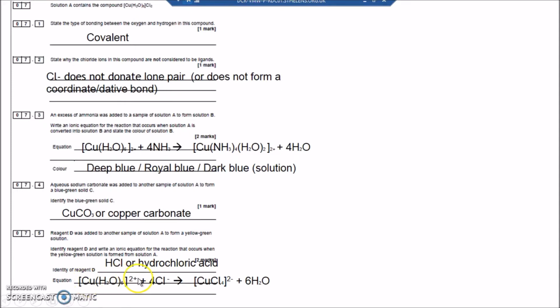The Cu has a 2+ charge. If the Cu has a 2+ charge here, and the Cls have a minus charge each, they're in oxidation state -1. They gain 1 electron. They're in group 7. 4 times 1- is 4-, and 2+ leaves 2- left over. Or you can look at the fact that 2+ and 4 1- is 2- on the left-hand side, 2- on the right-hand side.